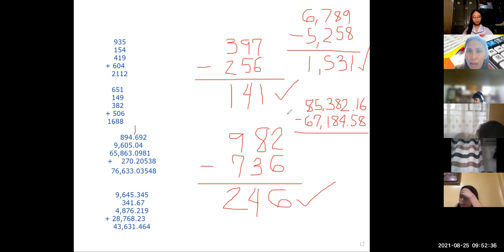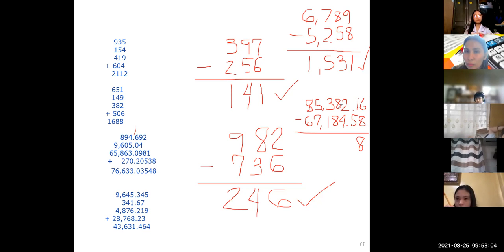Now let's subtract. We cannot subtract 8 from 6. That's why 6 has to be increased with 1. We need to borrow 1 from the 1 beside it. So 6 becomes 16, right? 16 minus 8 becomes 8.